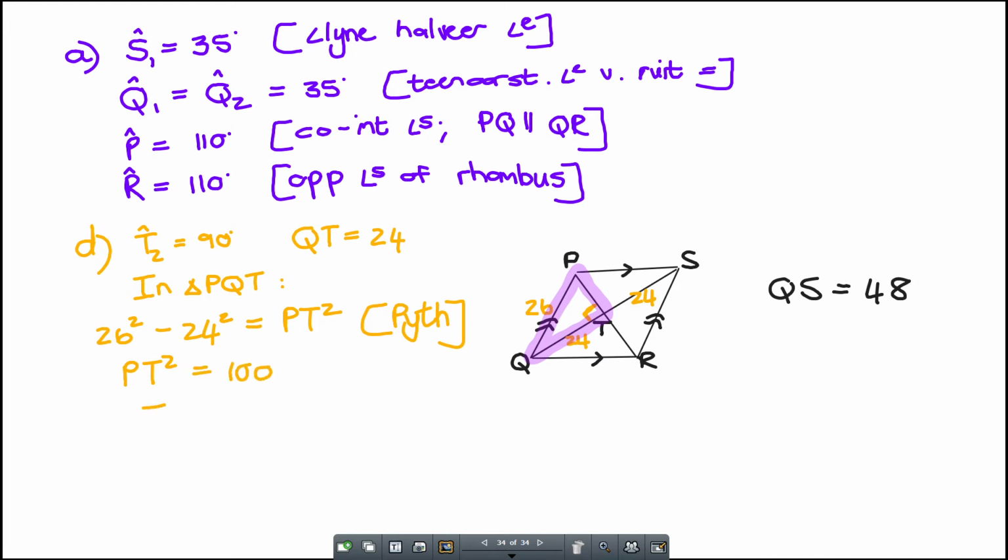Met ander woorde PT geef my 10. Okay. And as PT is 10, it means that PR will be 2 times that 10. In other words, 20. Jy hoef nie te wys 2 maal 10 nie. Ek skryf net dat jy kan sien hoekom. Alright, you guys good? Any questions there?